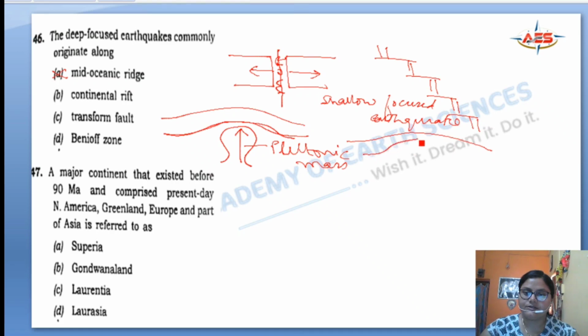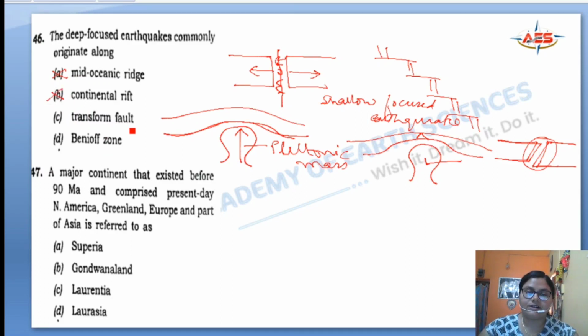Here lithospheric thinning happens, due to which with continued lithospheric thinning there will be breakage in this part and it will result in two lithospheric slabs, okay. And these areas are not associated with deep focused earthquakes because here the pluton has resulted in the rifting, and they mainly occur within the continents and are known as continental rifts. So they are not associated with deep focused earthquakes, okay.